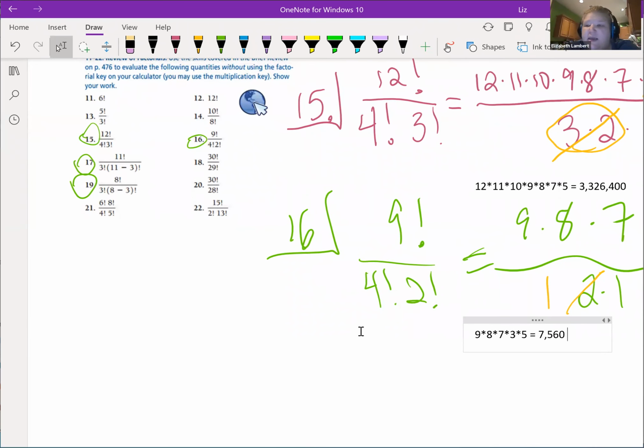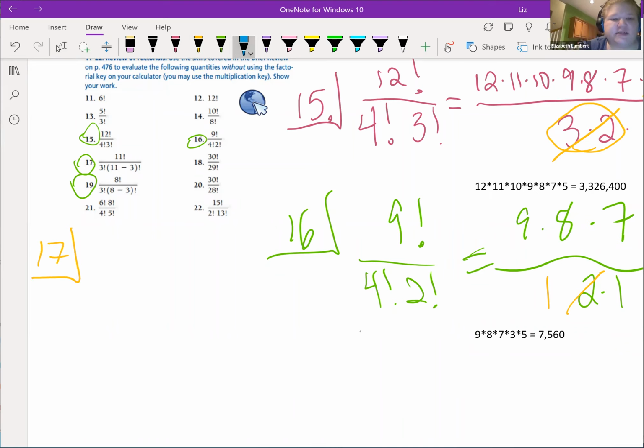All right, so let's take a look at 17 and 19 there. The reason I am saying these is because we're going to see problems that have this format where we've got a large factorial on top and then 2 smaller ones on the bottom, but it's presented as the difference between the 2 numbers we had. Not going into the details of why we would do that.